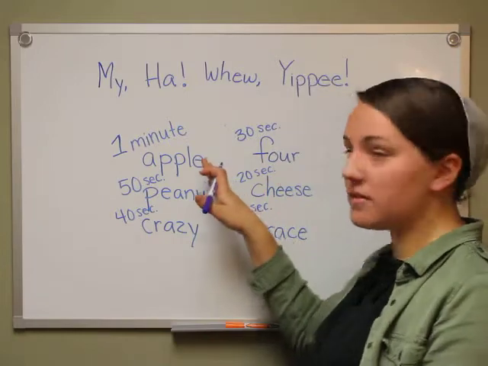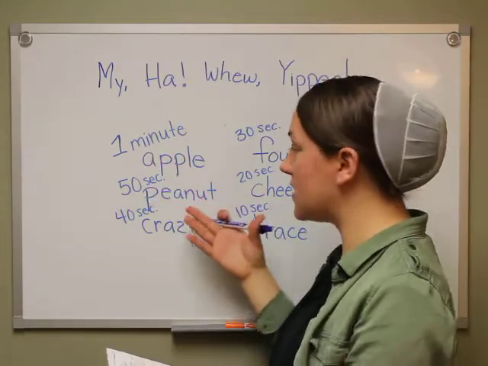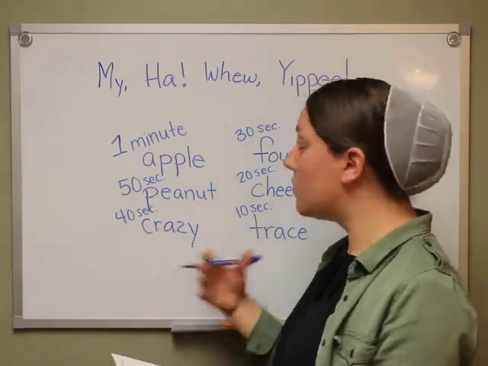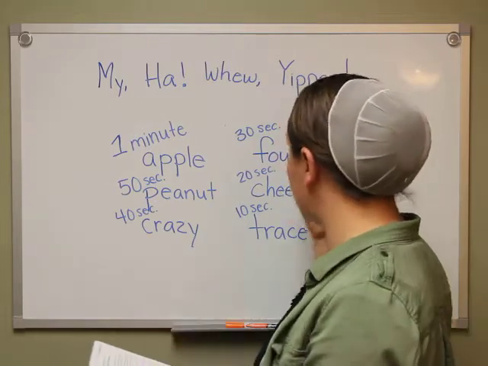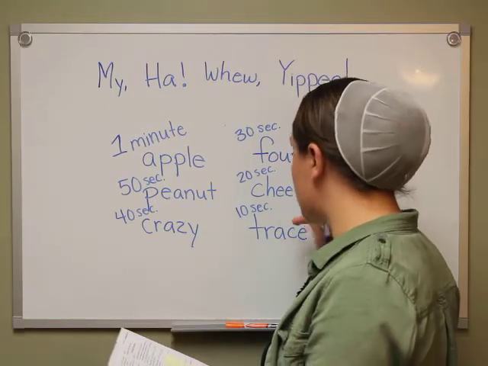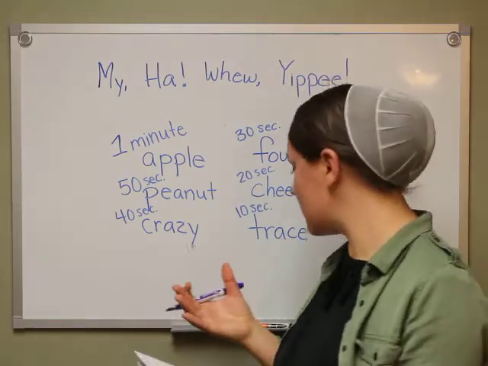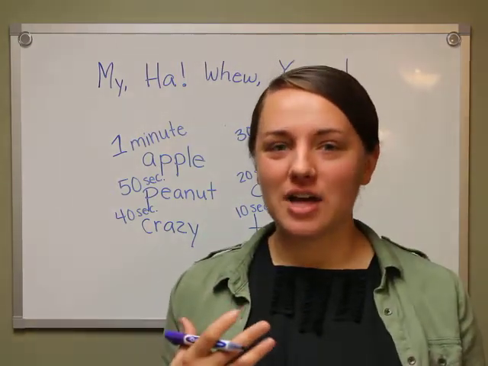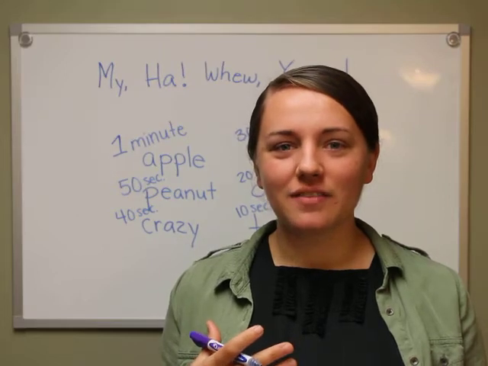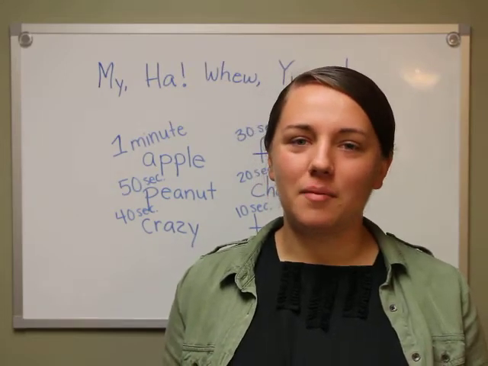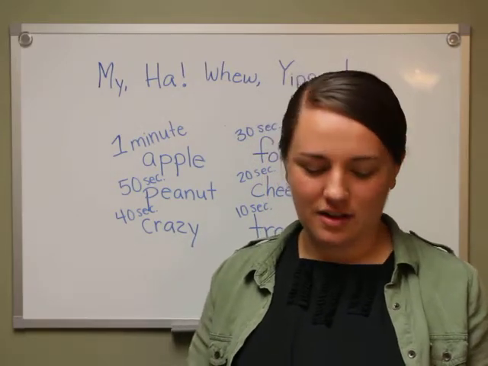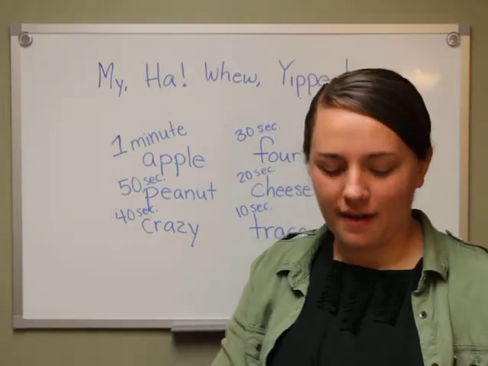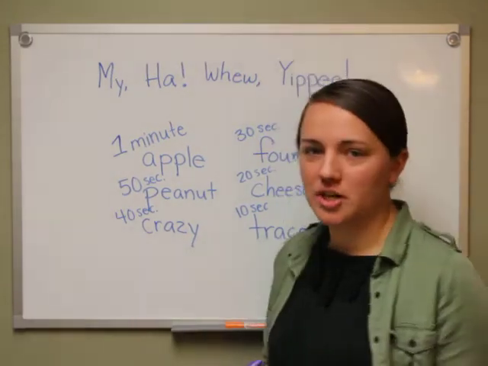So you have a minute to find apple, 50 seconds to find peanut, 40 seconds to find crazy, 30 seconds to find 4, 20 seconds to find cheese, and 10 seconds to find trace, just to make it harder and more challenging for yourself. So we'll just see what we can do with it. And it's okay if you can't find some of them. It's totally fine.